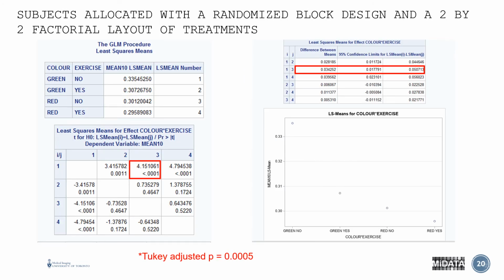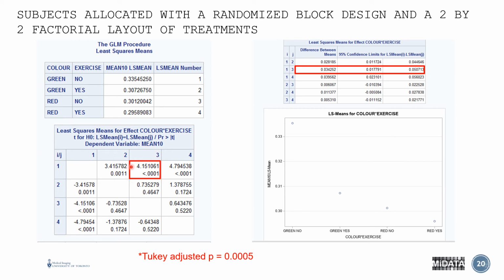When looking at the least squares means for interaction, once again, you can see in the 2 by 2 factorial layout, the two variables of interest, grouping variables if you wish, color and exercise, are now apparent. When we want to compare no exercise red versus no exercise green, it's down here, 3-1.